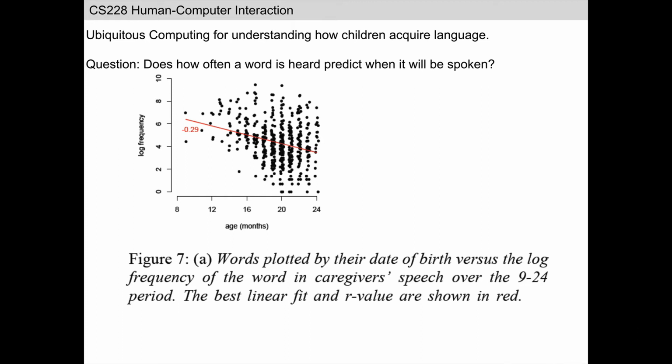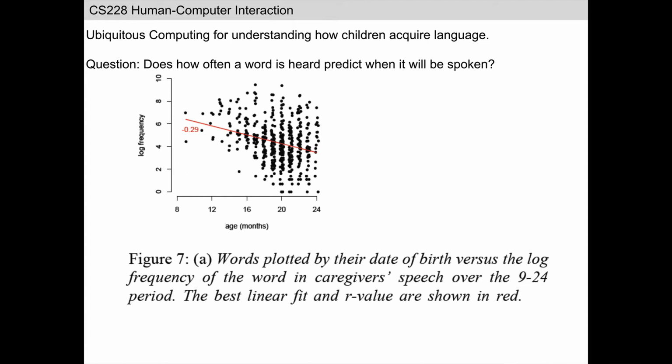So again, on the horizontal axis here, we have the age in months of the child. Each dot corresponds to a word spoken by that child for the first time. So here are the first two words ever uttered, adult forms of two words uttered by the child in month 9. The vertical axis represents how often that word was heard in the raw audio stream before this period.